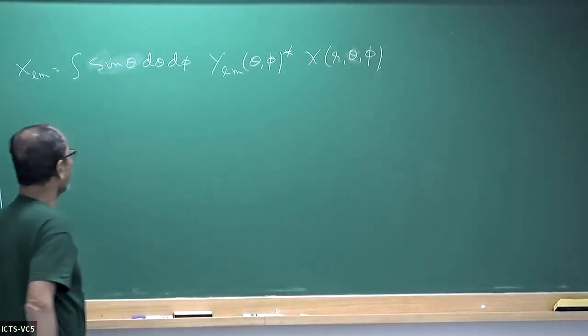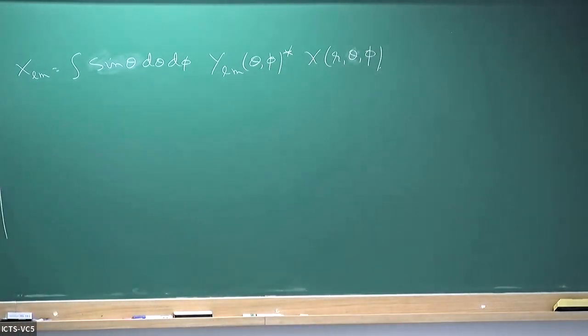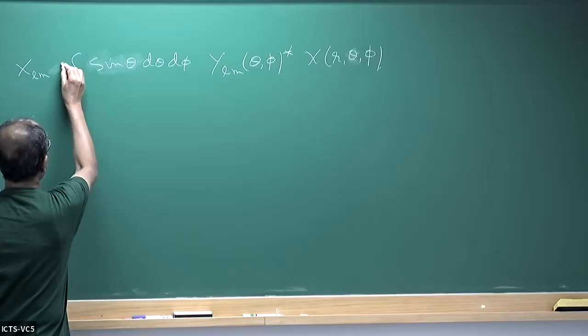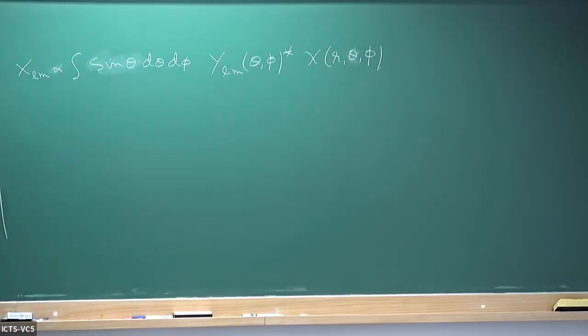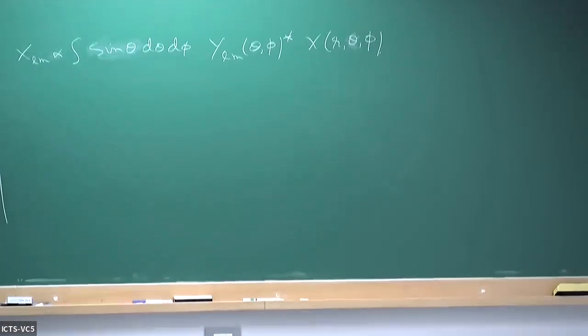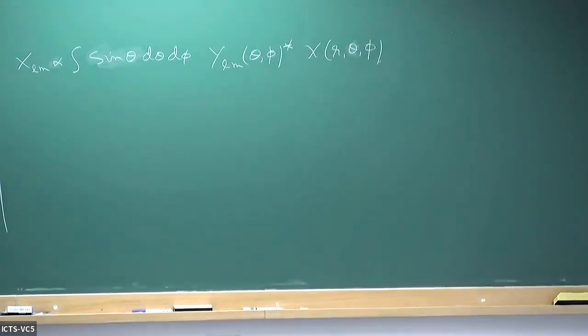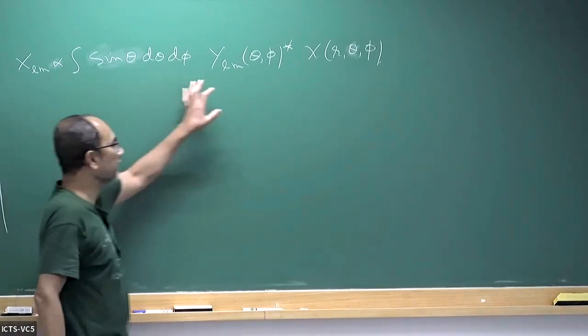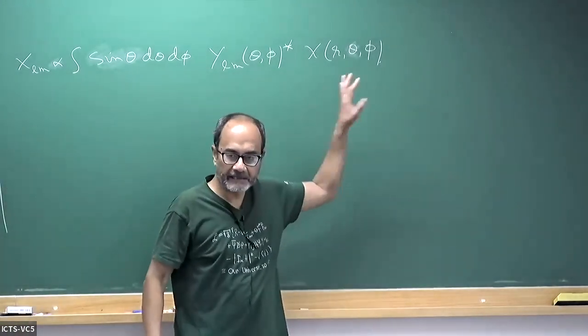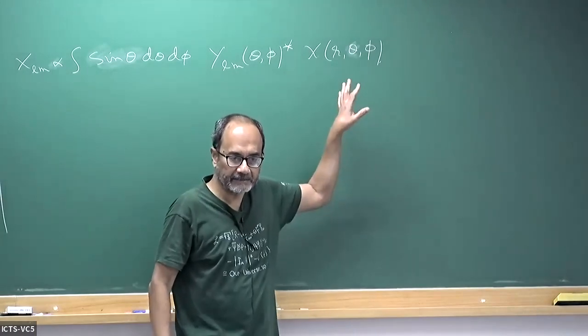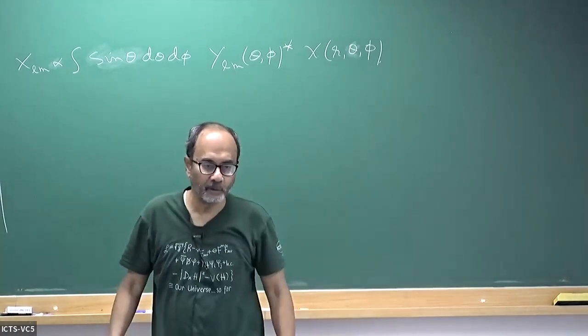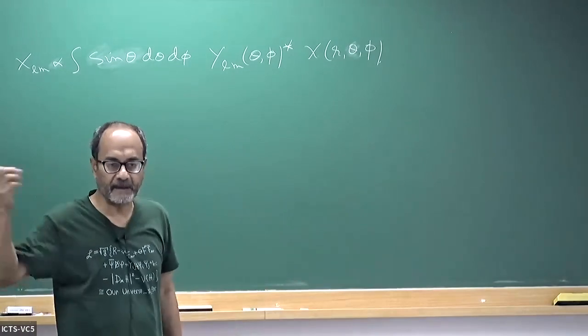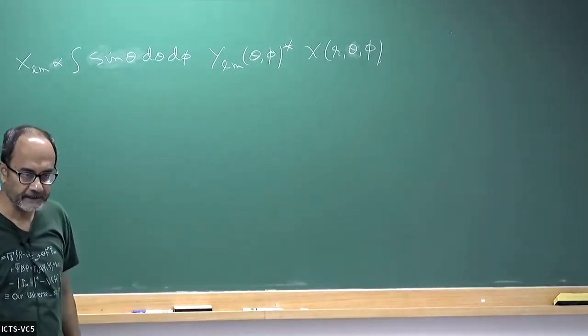There is probably some normalization factor somewhere, but you just multiply this by Y_l'm' star and integrate, because Y_lm has the orthonormality property, delta l l' delta m m'. So chi_lm can be directly determined in terms of chi of r, theta, phi, and this is what you observe. You look in some direction in the sky, and the fluctuation that you see is chi of r, theta, phi.